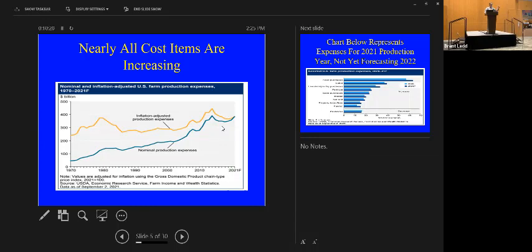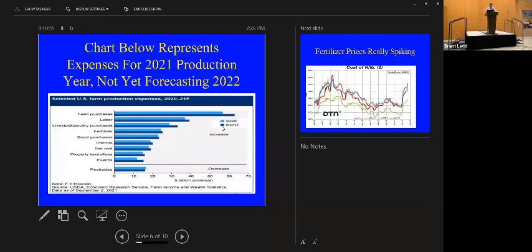It's really going to be the 2022 year, and I think Rob Fox again mentioned this a little bit earlier, but that's where a lot of these cost increases are really going to hit home for our ag producers.